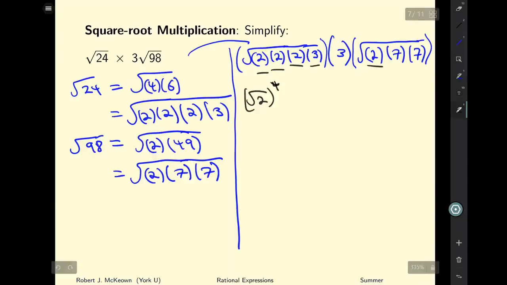And I've got, oh, no, excuse me. I've got a square root of 3, and I've got a 3 itself. So I'll just put the 3 there. I'll put the square root of 3 there. And I've got 2 7's. And so I've got the square root of 7 squared.